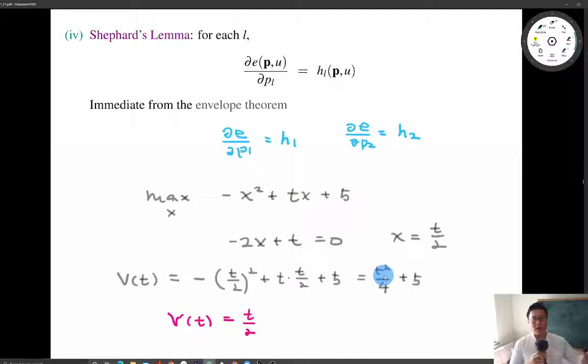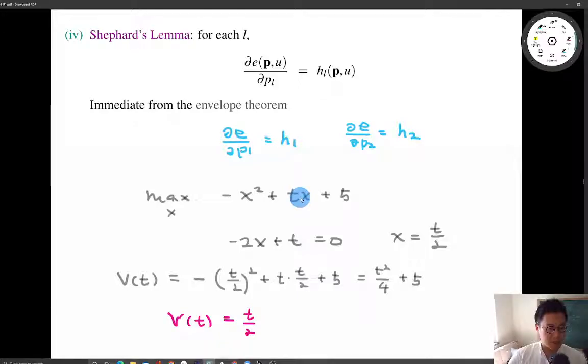The envelope theorem is really useful because it offers a shortcut for finding this responsiveness of the value function. The theorem tells us the only thing we have to do to find the derivative of the value function with respect to the parameter is to take the objective function and take the derivative with respect to t.